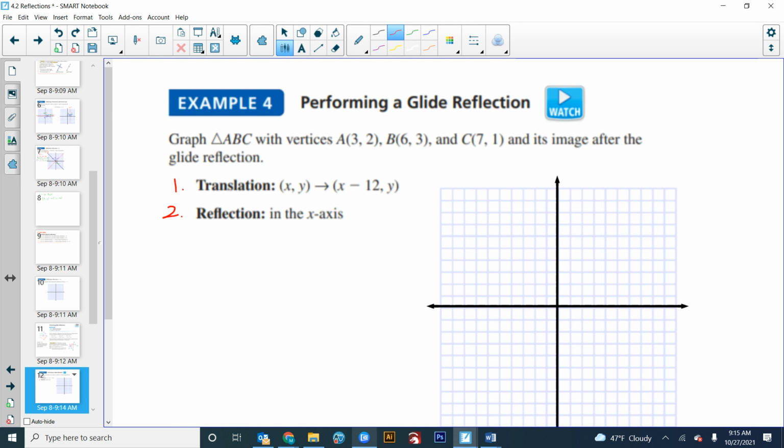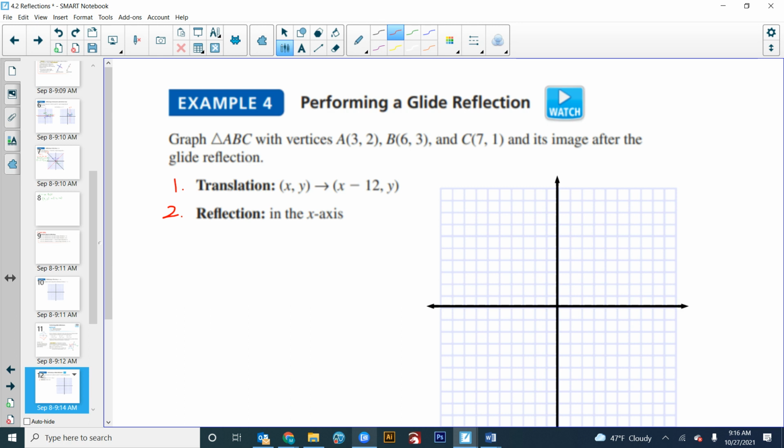Call it A prime. Then you're going to reflect it over the x-axis. So negative 9, comma 2 over the x-axis is now negative 9, comma negative 2. That's A double prime. So there's an A prime to do the translation. There's an A double prime to do the reflection. Does that make sense? That's all you would do.